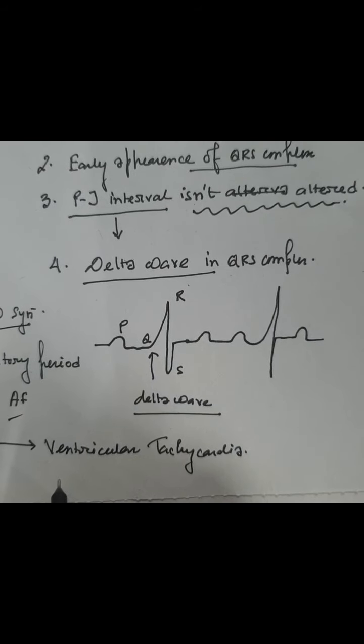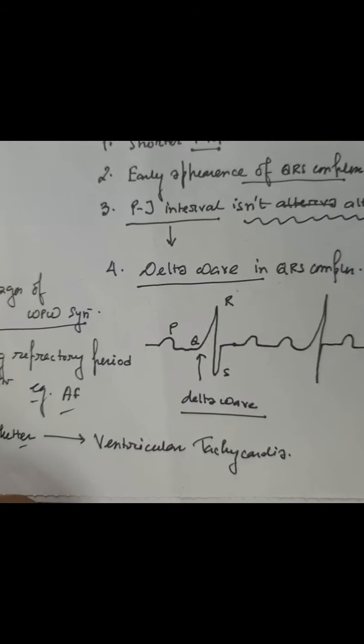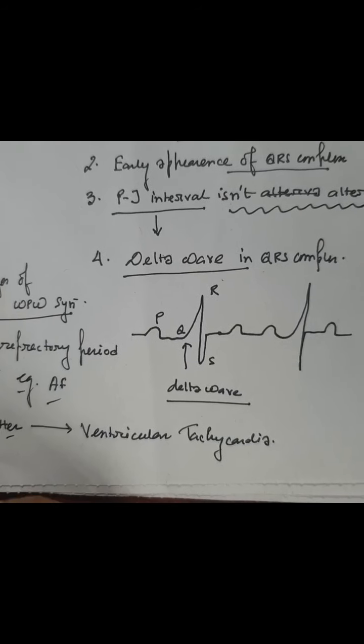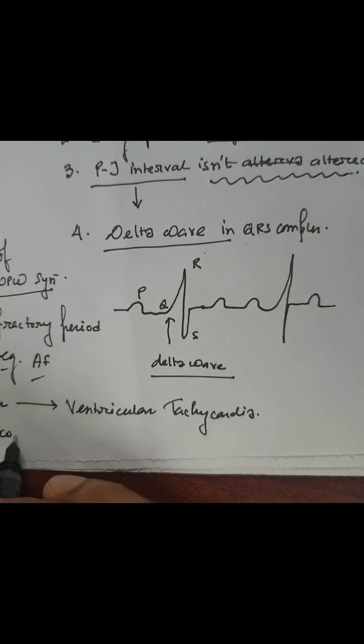If we don't get it surgically corrected, this is very problematic for the patient. So always and always the treatment of WPW syndrome is surgical correction of the Kent's bundle.